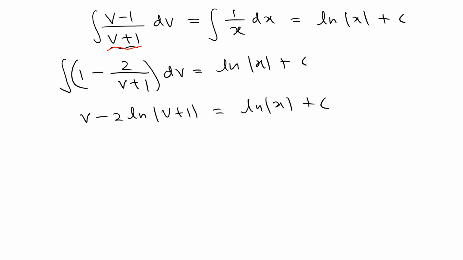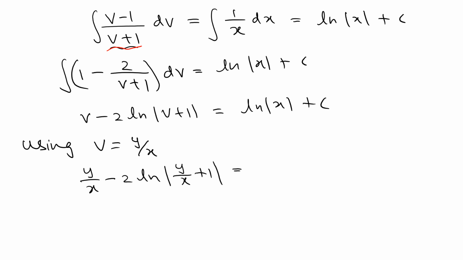Using v equals y of x over x, we can write this as y over x minus 2 ln of (y over x plus 1) on one side, and on the other side we have ln x plus c. Now I'm going to isolate the y term here and bring everything else to the other side. So that means we're going to get 2 times.